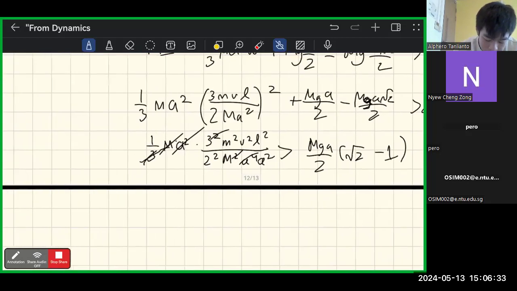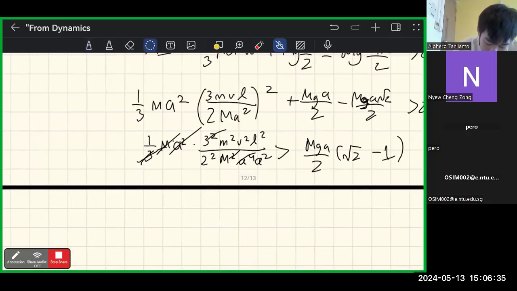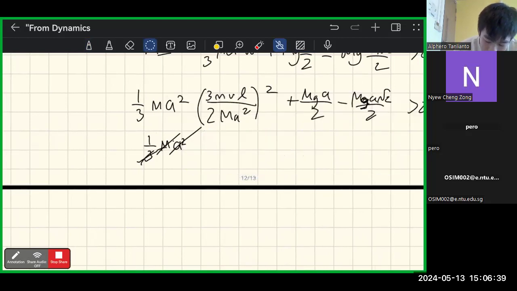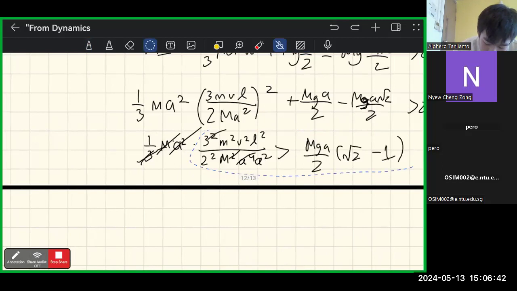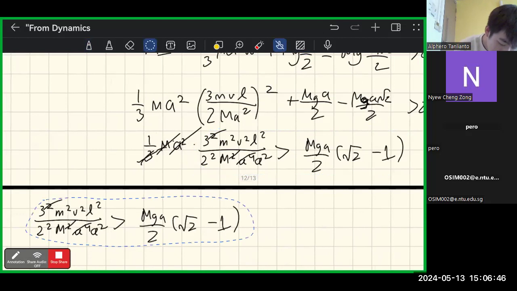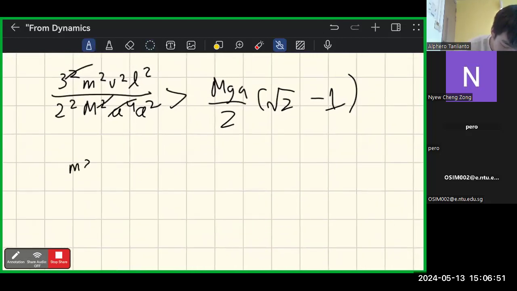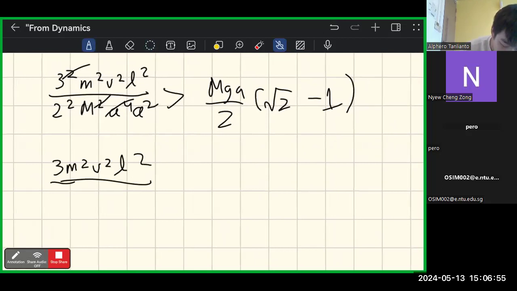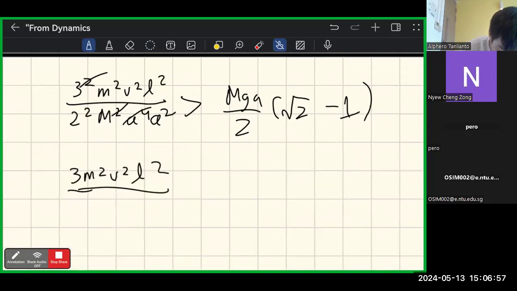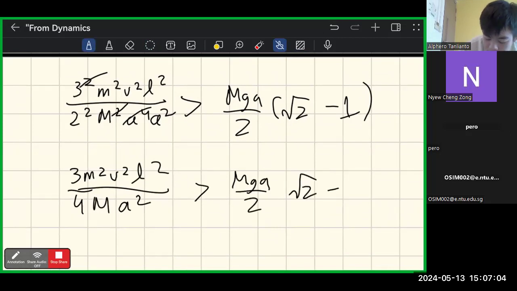We continue on this page. It's m squared 3 squared l squared over, oh, it's 3 because it's 3 to the power of 2. Okay, over 4 m a squared to be bigger than mga over 2 square root of 2 negative 1.